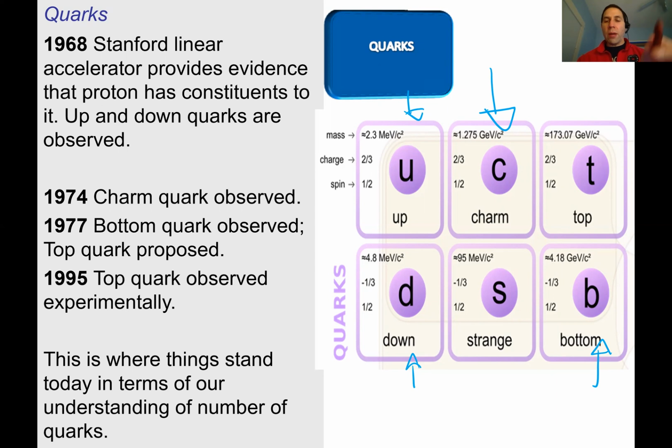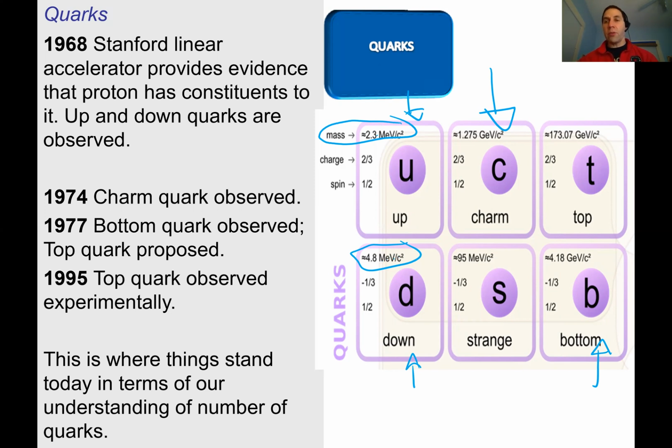to point out, why were the up and down discovered first? I want you to look at these mass figures, because they really reveal that in order for these quarks to appear momentarily, we have to have a strong enough, energetic enough collision that they might briefly show their appearance. The reason up and down came first is because they're the lowest energy, lowest mass ones, right?